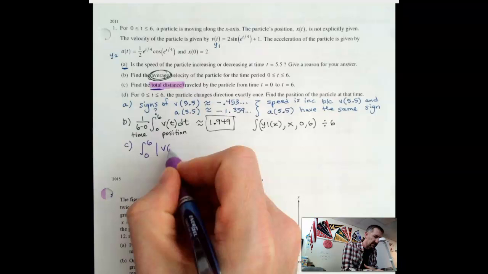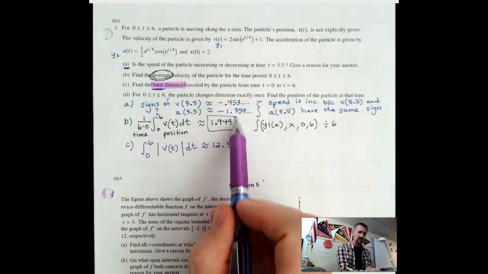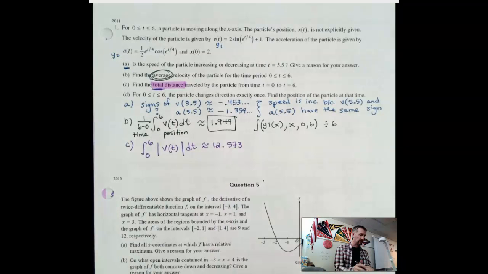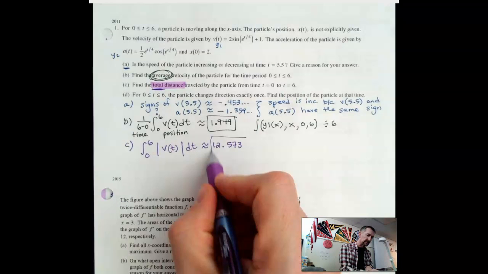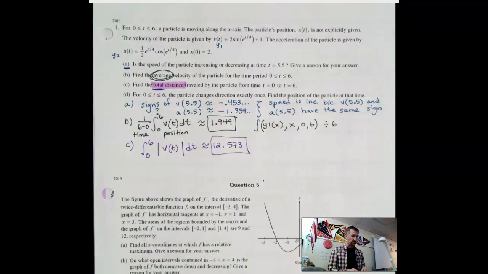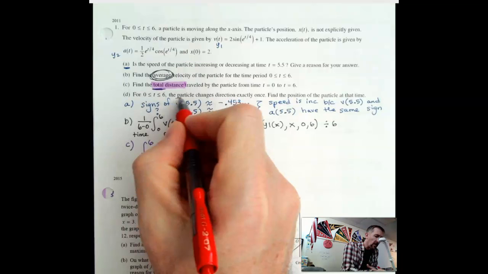So practice all of these on your calculator, and make sure you get these same numbers, these same decimals on your calculator. Total distance. This is a great question. We hope there's something like that on there. It's very reasonable. Okay. Particle changes direction.